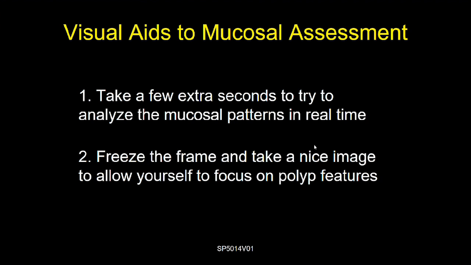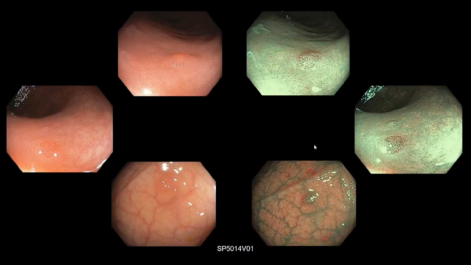As you're doing your colonoscopy, stop and actually look and freeze the frame, especially using the freeze frame technology I mentioned, to get a nice image to allow yourself to focus on the polyp features. We come back to that earlier slide. These are all images just by stilling the frame. If there's any motility, it stops. I can see a nice image. I can look at it, think about what it is, unfreeze it, and go along and proceed with the procedure.